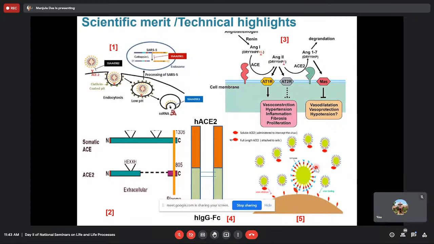We used the soluble ectodomain region of the receptor. We took the soluble ectodomain of ACE2, and to increase its pharmacokinetic activity, so that the protein stays for a long time in the blood, we fused it to the Fc region of IgG, of the human immunoglobulin molecule.